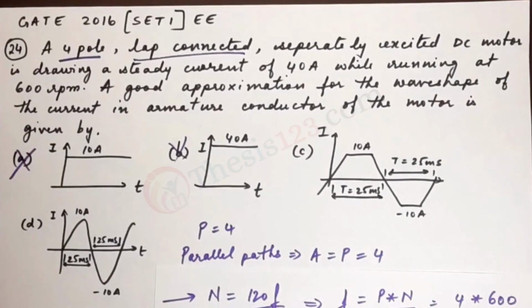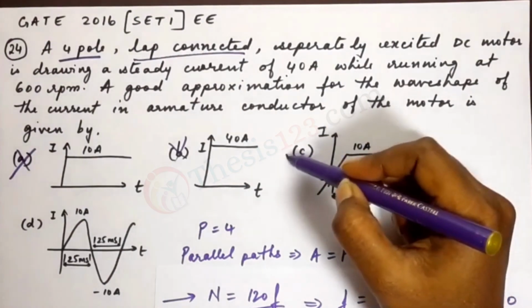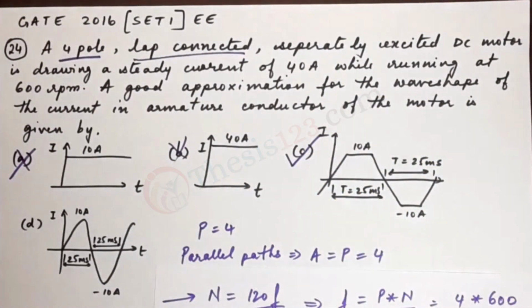For a separately excited DC motor, and that too for lap connected winding, you should know that the linear commutation and the change of current values from 10 amps to minus 10 amps is a straight line. So because it is a straight line, option C is the right option. I hope this has helped.